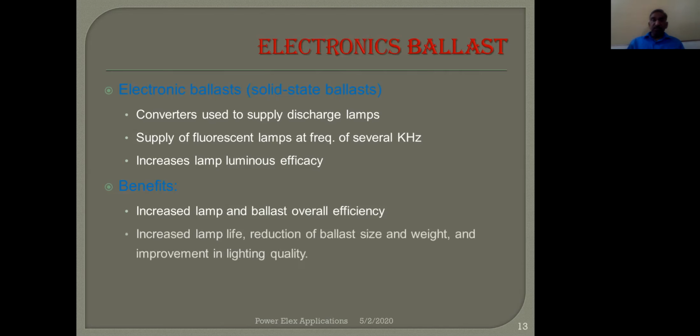Means the lamp will run for longer luminous hours. Size: now electronic ballasts are available in very small size, just a few centimeters by a few centimeters. But it has improved the lighting quality a lot.